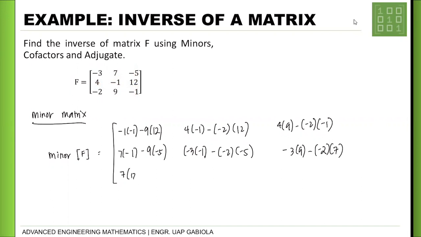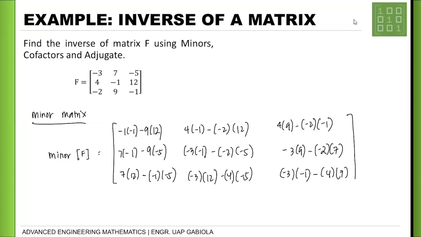So, try to comprehend kung paano nagkuha yung value na to. Okay, next, we have negative 3, 12 minus 4 times negative 5. Then last is negative 3, negative 1 minus 4 times 7. Okay, ayan. So, yan daw yung matrix of minor natin.